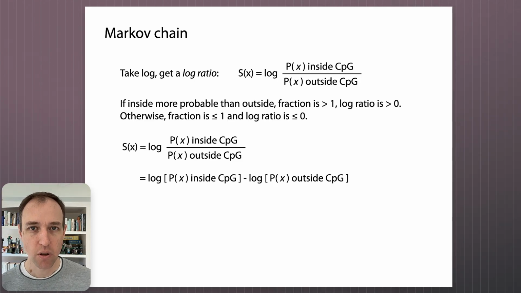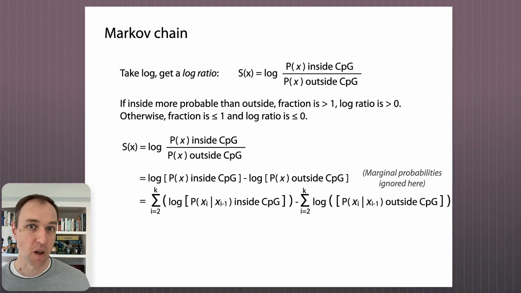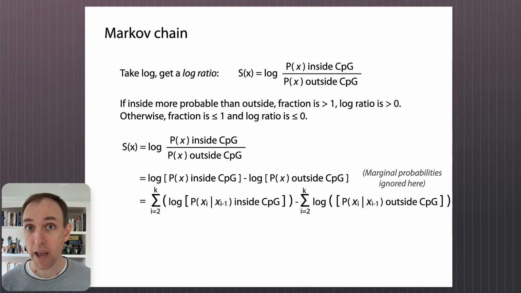And those two logs in this difference, they are each themselves sums, right? So the log of the probability under inside is the sum of a bunch of logs of each of the constituent conditional probabilities. Same for the thing on the right-hand side of the minus sign, right? So each of those two things is a sum of logs of conditional probabilities. I'm going to ignore the marginal probabilities for this discussion because they really just don't add much. So forget about them for now.